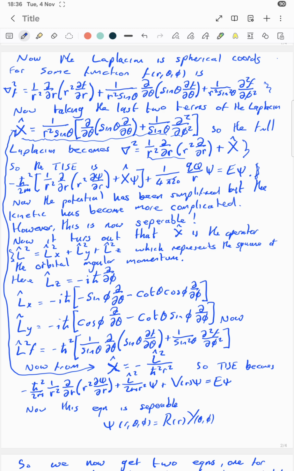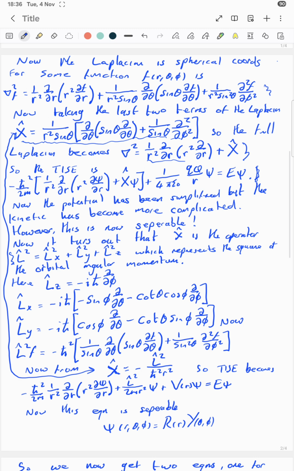But anyway, this represents the total orbital angular momentum. But here L_z equals i h bar times the partial derivative with respect to phi, and that's L_z.